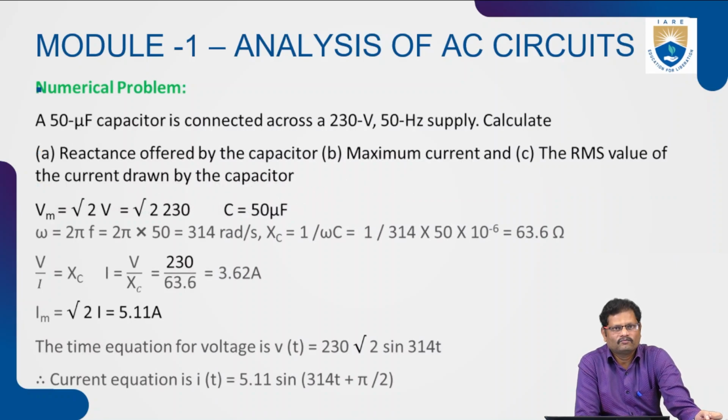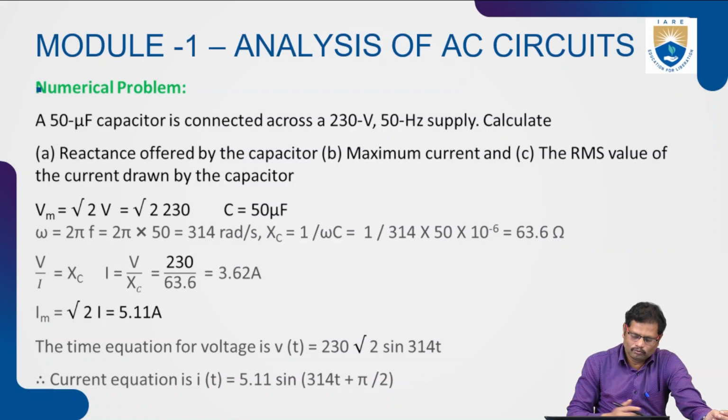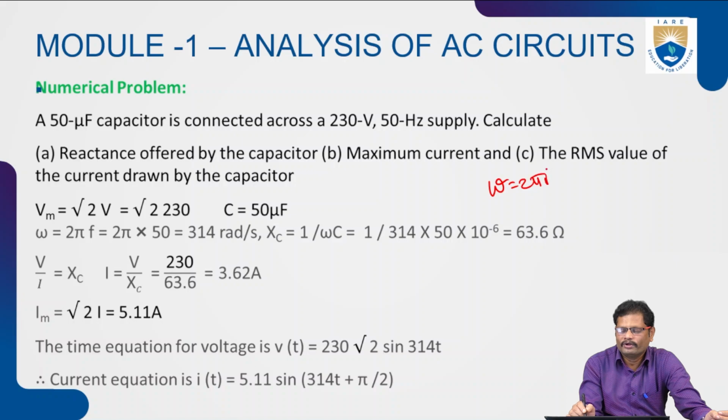So first we need to calculate the value of capacitor reactance. For this, capacitor reactance Xc equal to 1 by omega C, or 1 by 2 pi fC. Omega equal to 2 pi f.